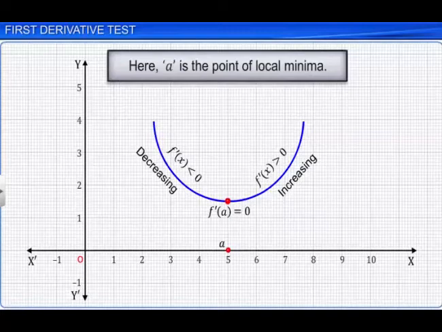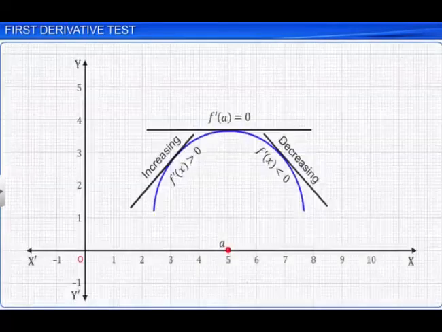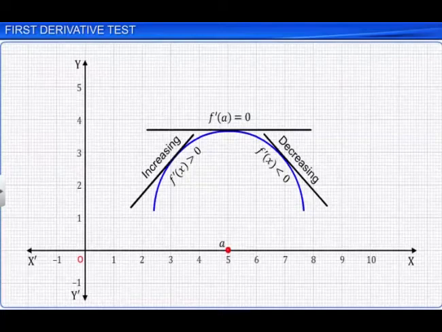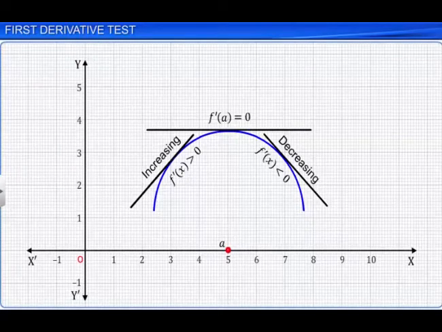Now, let us look at another figure. This is the figure of a continuous function f defined on an open interval I. Let a be a critical point in open interval I. As per the figure, the derivative of f changes its sign from positive to negative when x increases through a.